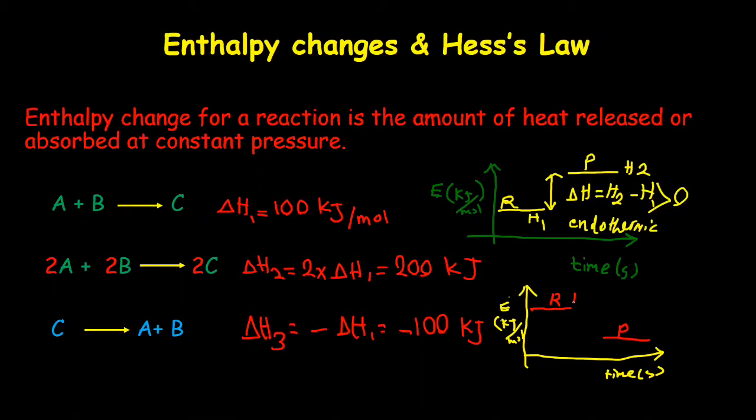Energy of reactant H1, energy of product H2, and the difference between these two is delta H. That is H2 minus H1. Because H2 is less than H1, delta H is smaller than 0. And this reaction actually is exothermic.